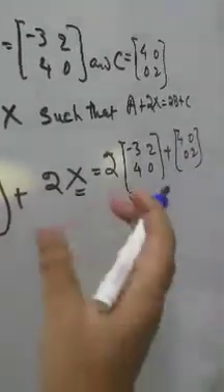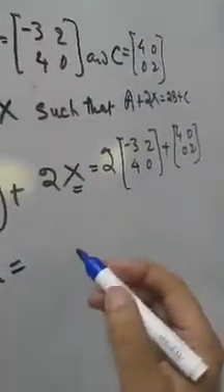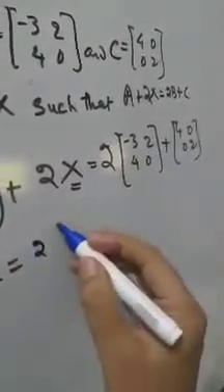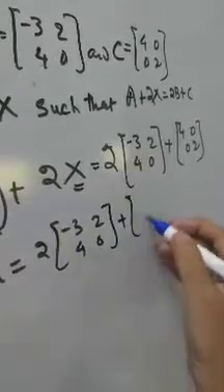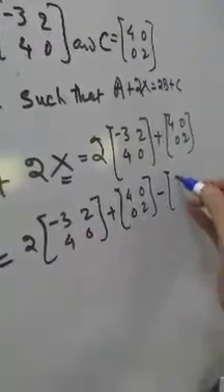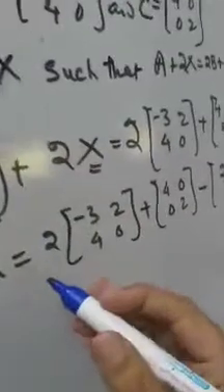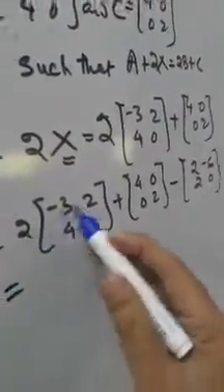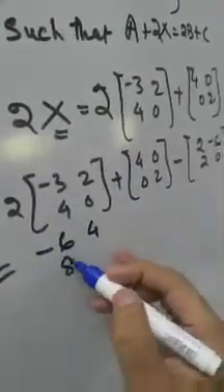Here I will keep 2X as it is, and I will take A to the other side. So it is 2 into [-3, 2; 4, 0] plus [4, 0; 0, 2] minus [2, -6; 2, 0]. Algebraic transfers are allowed. 2X is equal to, now you multiply, this is a scalar multiple, so it is [-6, 4; 8, 0].